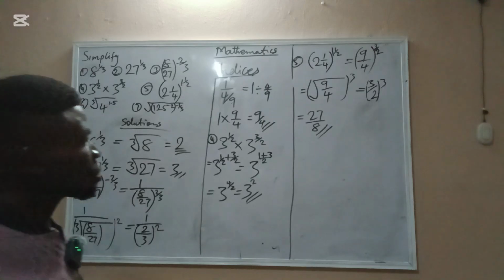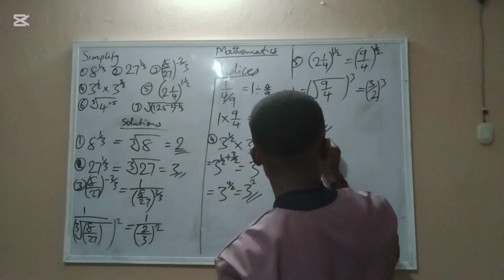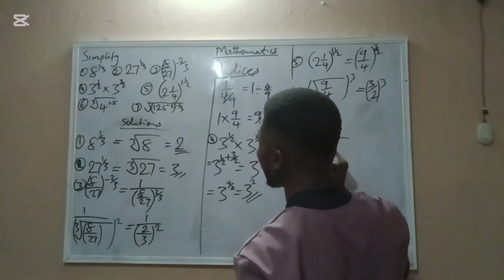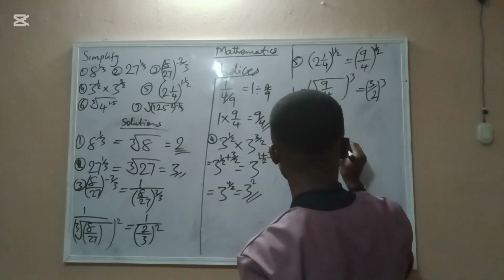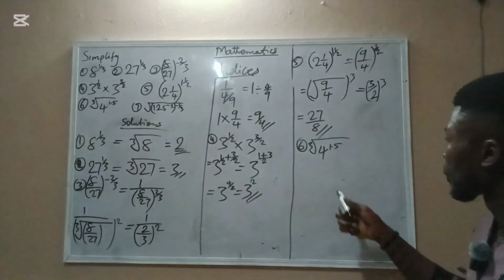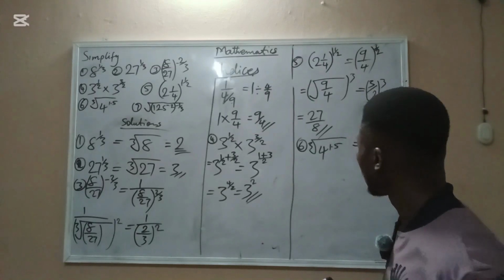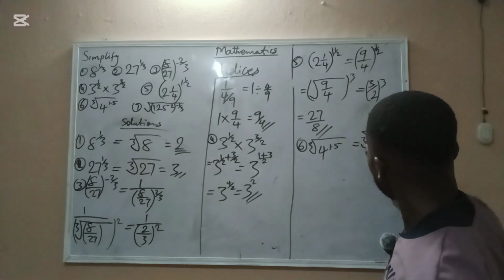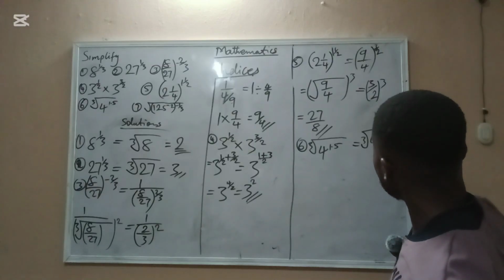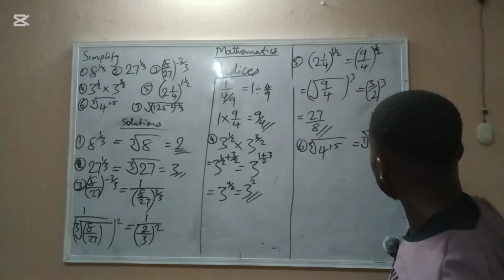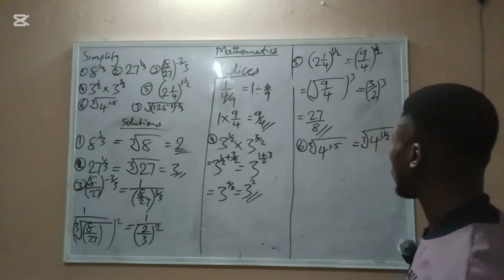Now another one is this one. Number 6 says cube root of 4 to the power 1.5. This is the same thing as cube root of 4 to the power 1 whole number 1 over 2.